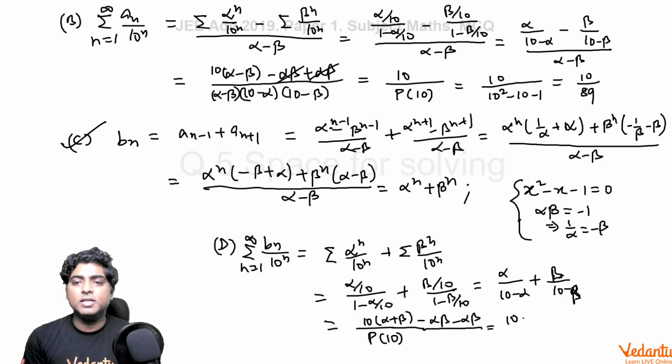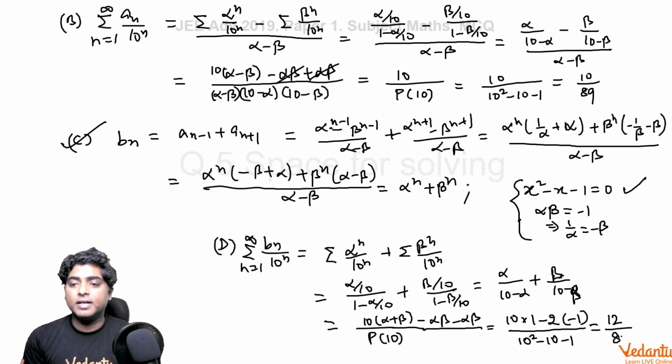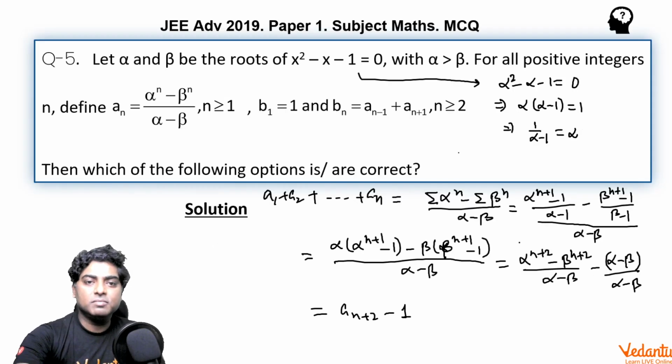Here alpha plus beta is 1, and alpha into beta is minus 1, and P10 is 10 square minus 10 minus 1. So finally you will get the answer to sigma Bn upon 10 raised power n as 12 upon 89, but in the option it was 8 upon 89. So option D must not be true.